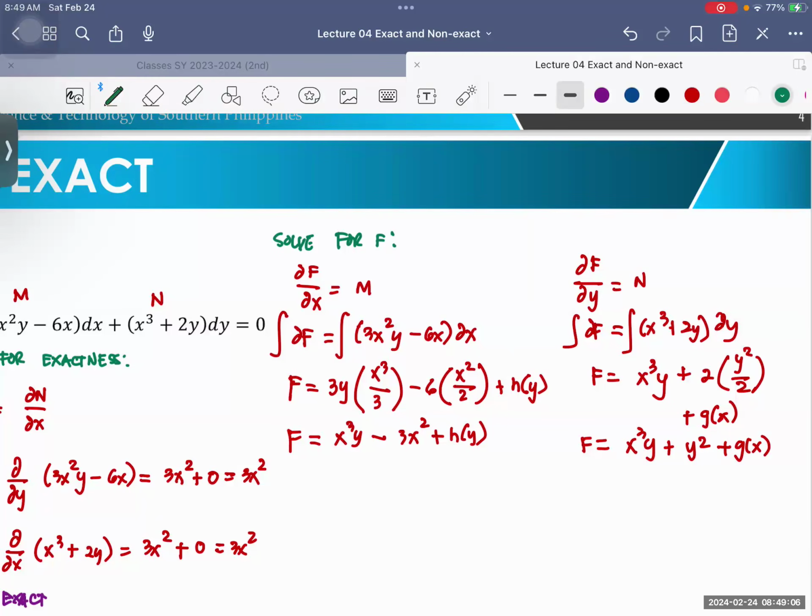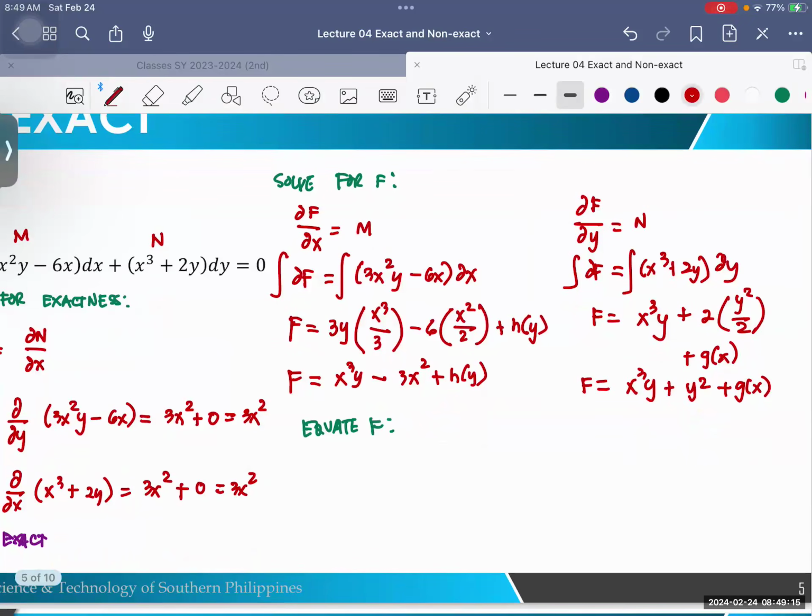Then, the next step will be we equate f to find out what the expression of h of y or g of x is. Okay, we have x cubed y minus 3x squared plus h of y is equal to x cubed y plus y squared plus g of x. Of course, there should be common terms here, class. So, x cubed y will cancel. Looking at the left side, class, h of y.